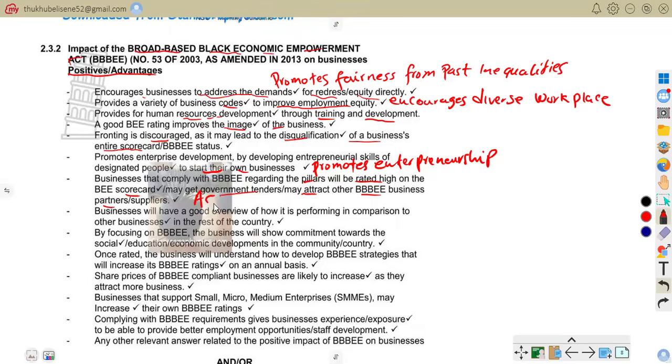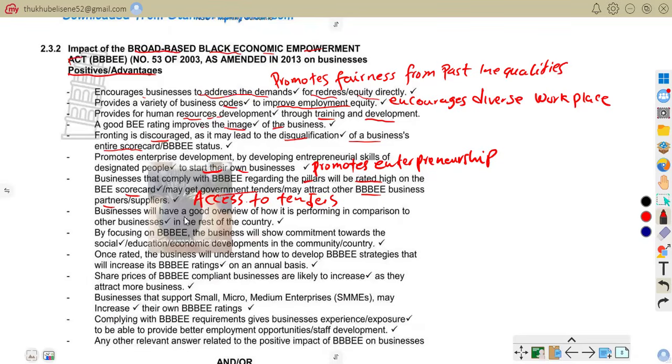Access to tenders. So it means high ratings improve tender chances.